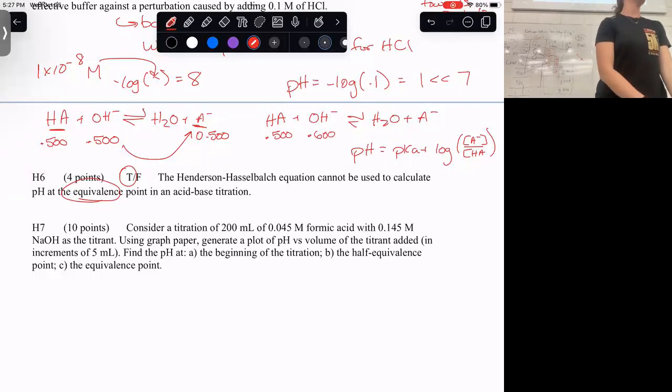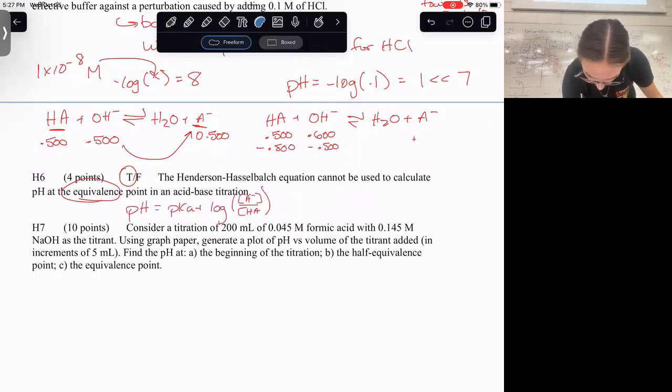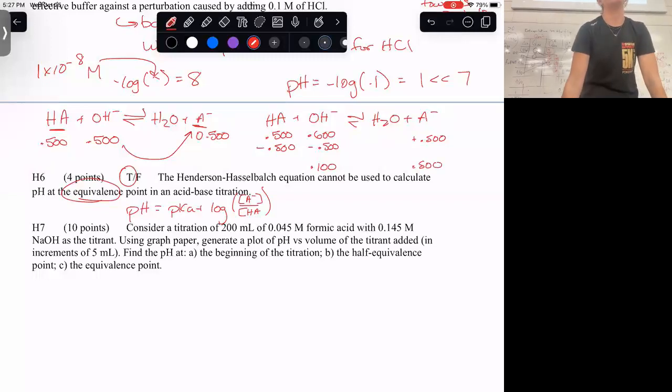Your limiting reagent now becomes your acid, so you'll change this to minus 0.5, and you have plus 0.5 here. So at equilibrium, you now have 0.1 of your OH minus and 0.5 of your conjugate base. So now you can just find the pH from your pOH, because you have so much more excess of that OH minus ion.